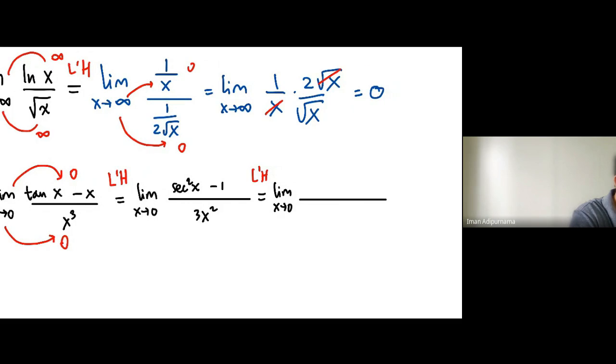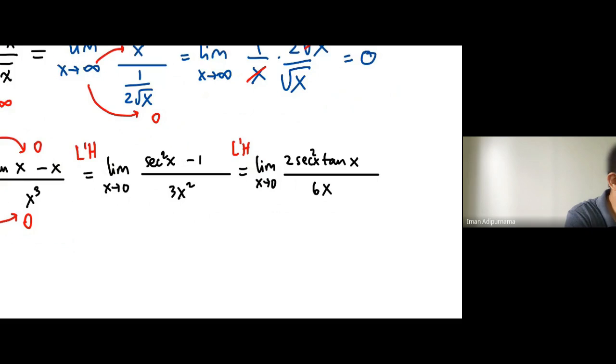So secant squared, okay, 2 secant x, and then secant x tangent x, right? So you have secant squared x tangent x. This is 6x like that. Okay, and then what's happened? So this will be 1 over 3.